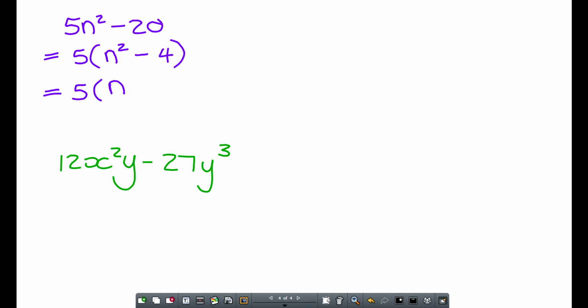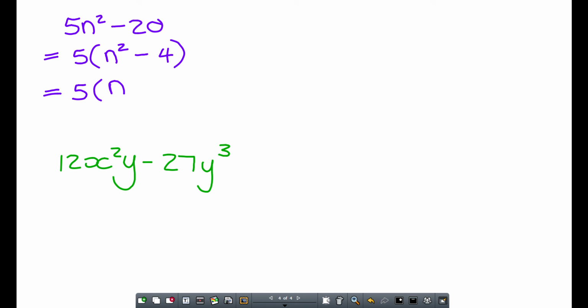Remember, what does factorizing mean? In the test, they're either going to ask you to simplify or factorize. When they say simplify, it means get rid of the brackets, meaning multiply in, do FOIL. We do that to get the brackets gone.